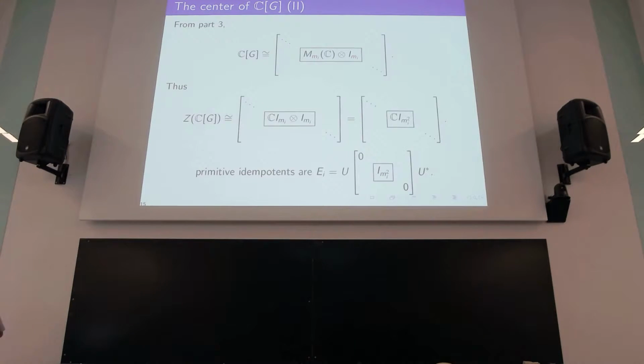So for the center of this algebra, it's enough to consider the center of each block. Each block is a repetition of a full matrix algebra, so the center of that is just a scalar matrix repeated mi times. That means you have a scalar matrix of size mi squared appearing in the ith block.